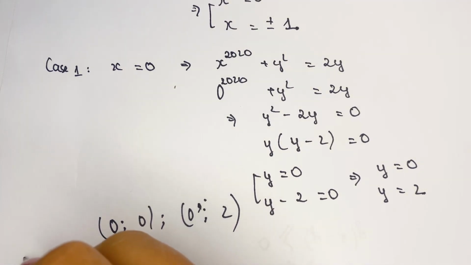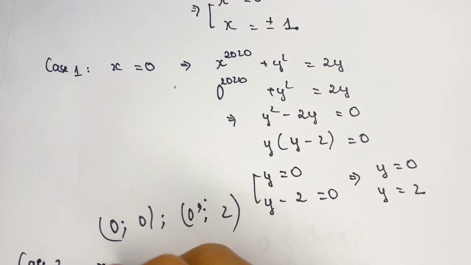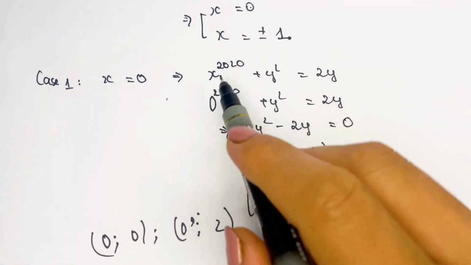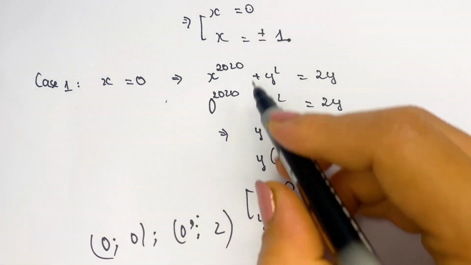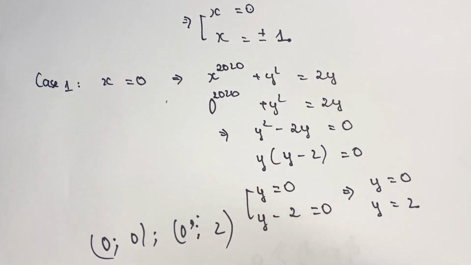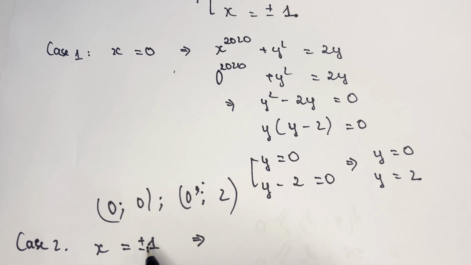And so for case 2, x equals plus or minus 1. Because everyone can see it is an even power. Therefore when x equals plus or minus 1, we have the same values, right?